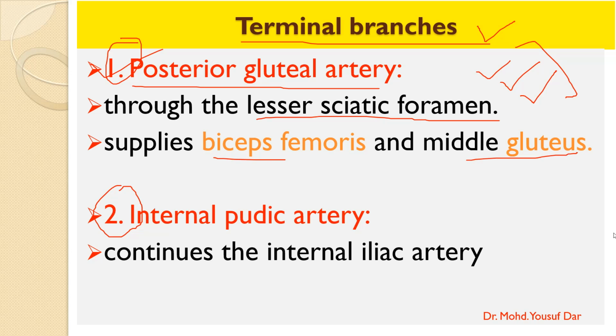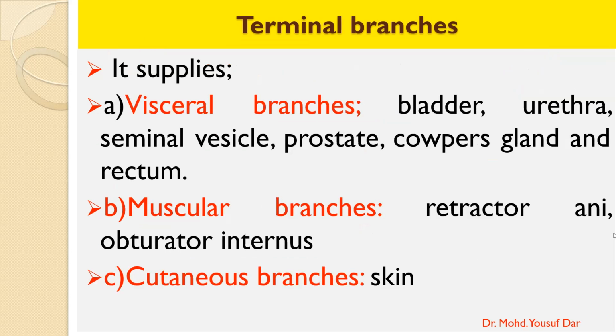Now, the second is the internal pubic artery. The internal pubic artery is actually the continuation of the internal iliac artery. It gives vesical branches, muscular branches, and cutaneous branches.